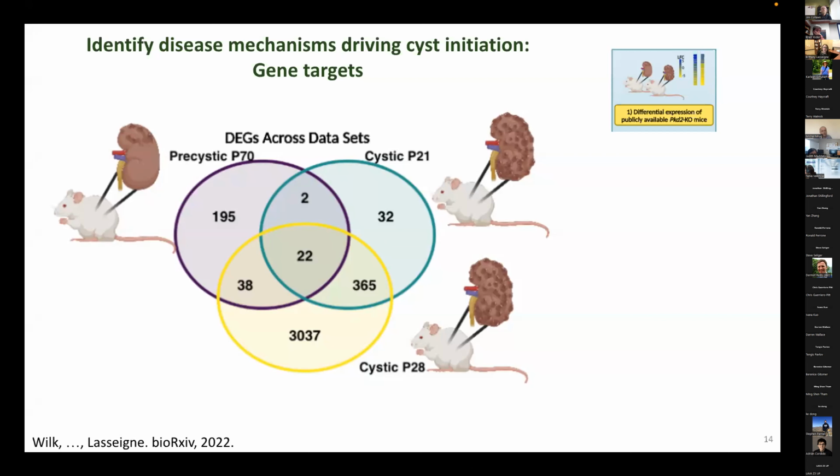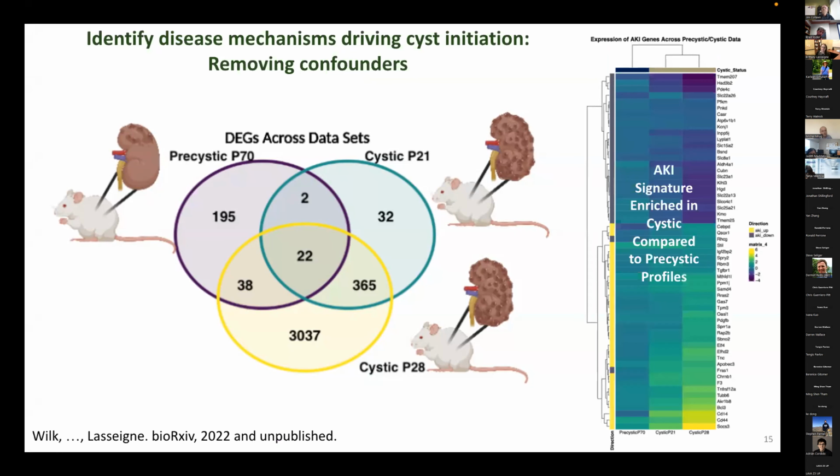If we restrict to functional enrichment terms and ask questions like pathway analysis and gene ontology, we see enrichment for things like cell cycle, which again isn't all that surprising. But one of the things that we did that is of interest here, going a step further, is that we noticed that in the cystic data sets, we found genes and pathways that were largely reflecting acute kidney injury.